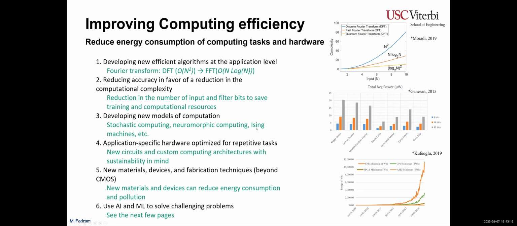Next, developing new models of computing: stochastic computing, approximate computing, neuromorphic, Ising machines. These are usually beyond CMOS technologies that don't rely on teraflop computational power to do the work, but on a completely different mechanism, a dynamical system sort of mechanism that allows you to solve certain types of problems very efficiently.